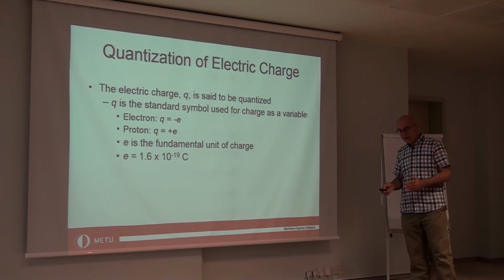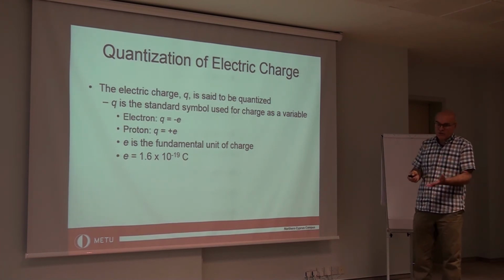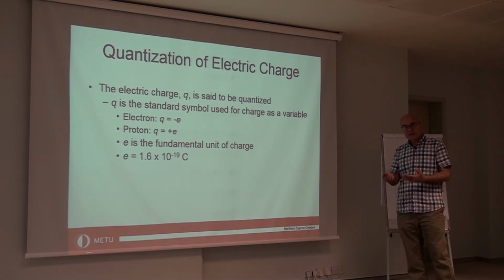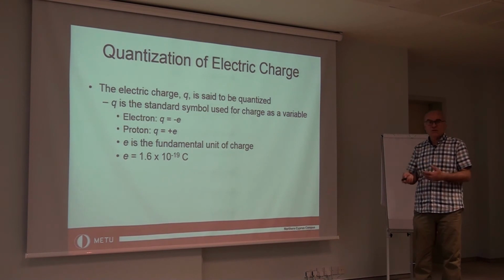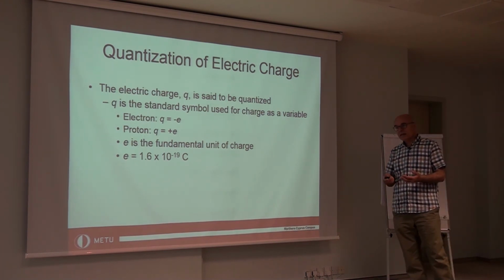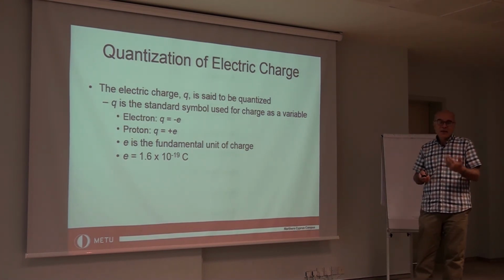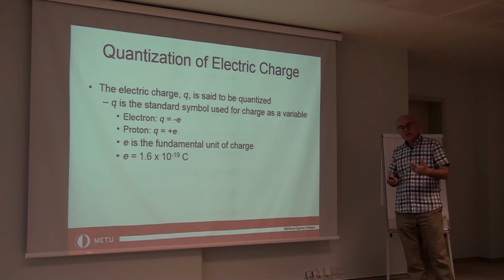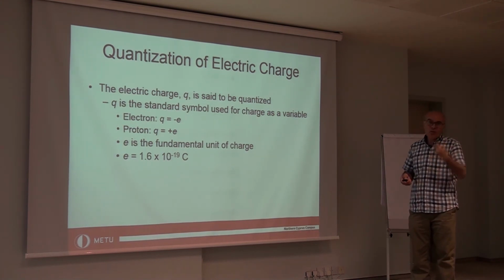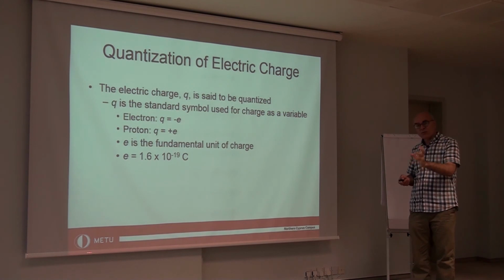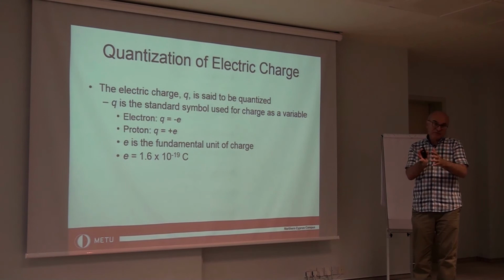Now, since I have said that a macroscopic object will have a charge if it has an excess of electrons or protons, we expect that the charge will be limited by the smallest possible charge observed for a free particle.